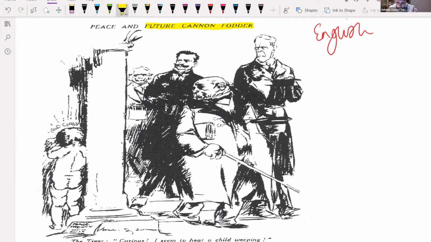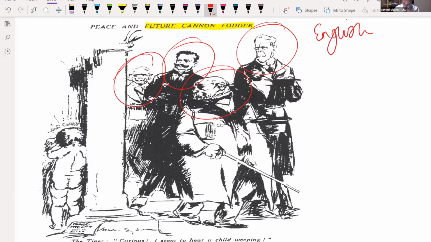Again, we've got recognisable characters: Woodrow Wilson, the leader of Italy, the leader of France, and the leader of England. The peace treaty is on the floor here, and the tiger.